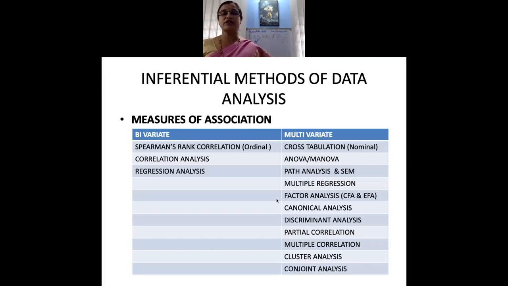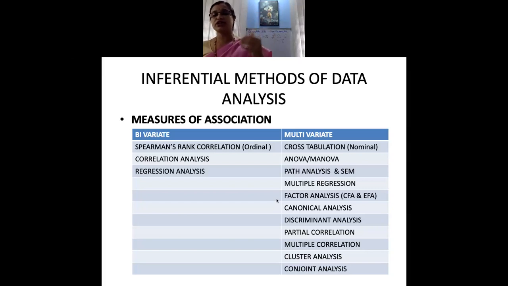Now, in the case of bivariate, if it is ranking, usually we use rho. Rho is Spearman's rank correlation. That is a good technique for two variables. Suppose you want to find out the relationship between sales and profit, or between experience and income, or between education level and income.